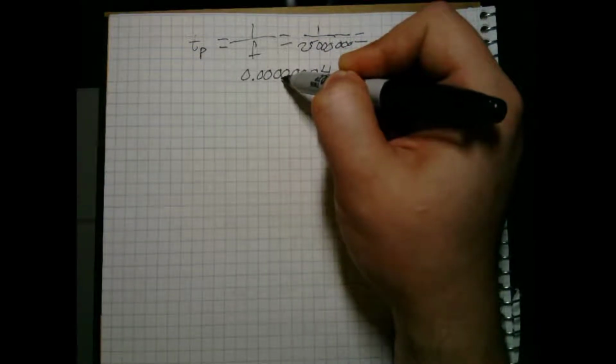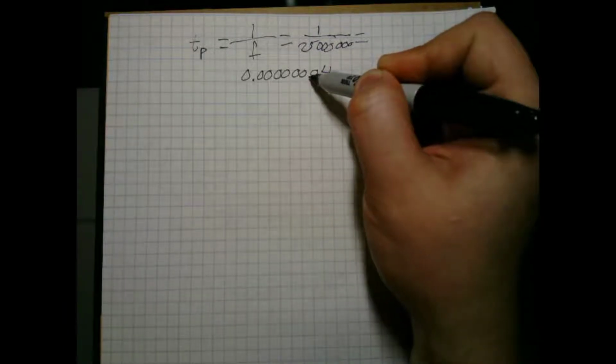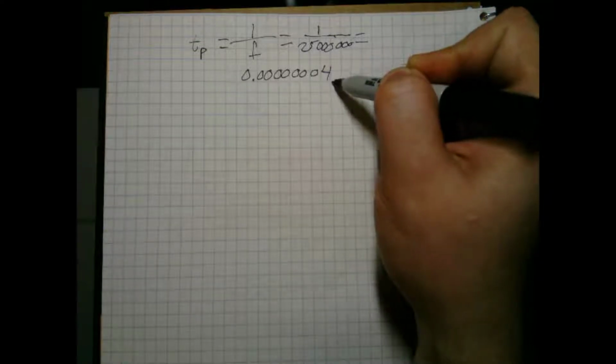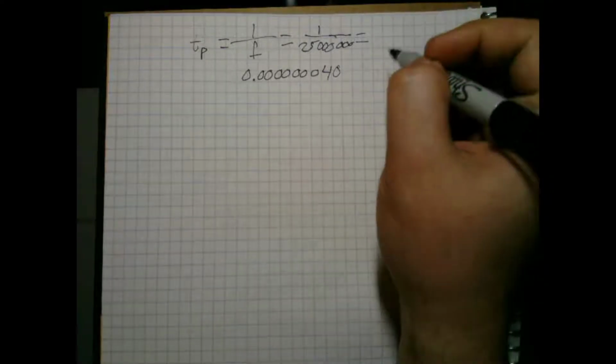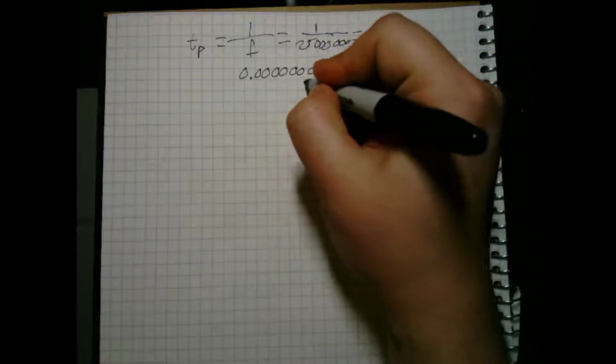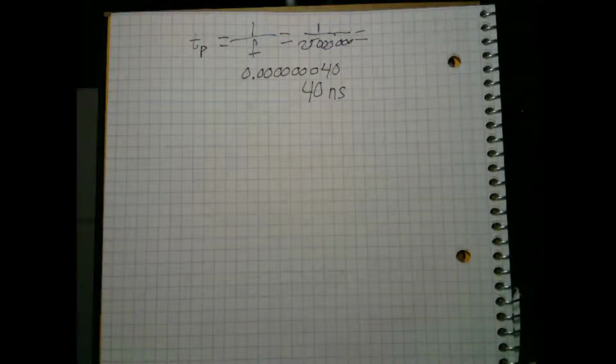That would be milli. And then 4, 5, 6 would be micro. And then we'll do it one more time. 7, 8, 9. We'll have to add a 0. But 9 would be nano. So 40 nanoseconds is our clock period. They gave us the clock frequency, that's the period.